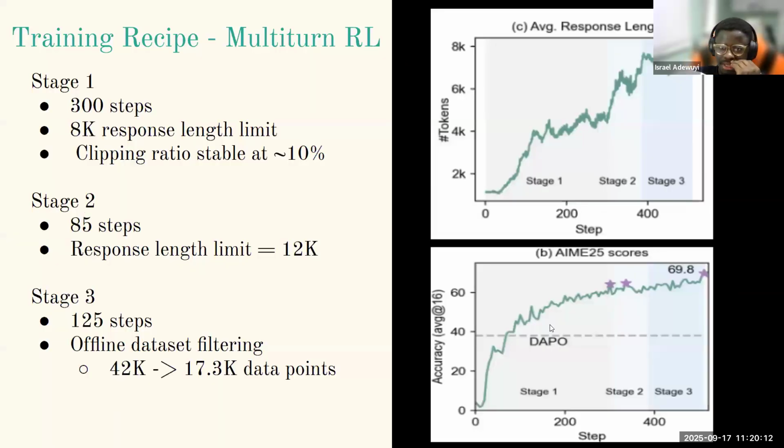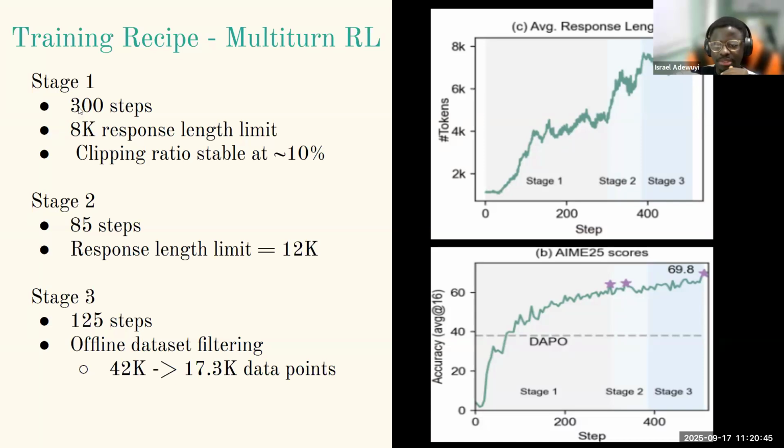Then they also employed multi-stage RL, 3 stages basically. Stage 1 was 300 steps. Starting with the SFT model, you train with an 8K context window limit, and they observed that the average response length grew to about 4,000 tokens during the first stage.